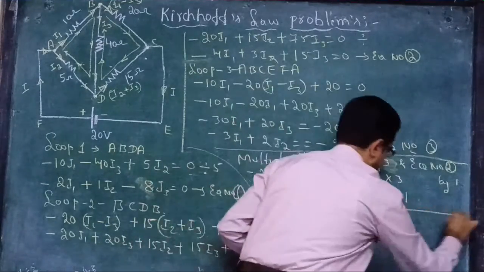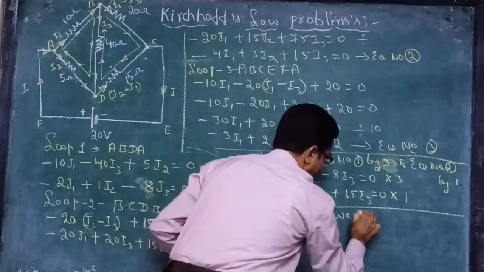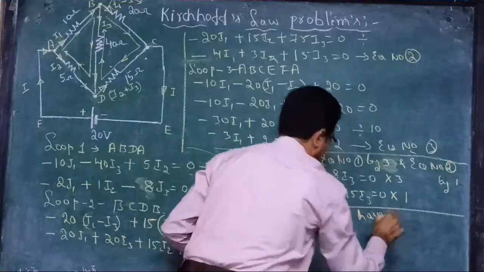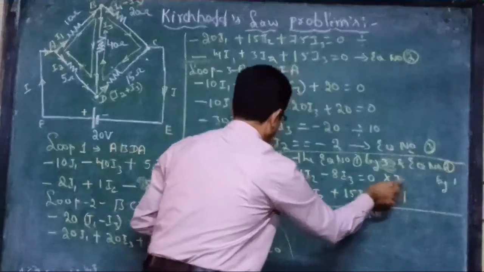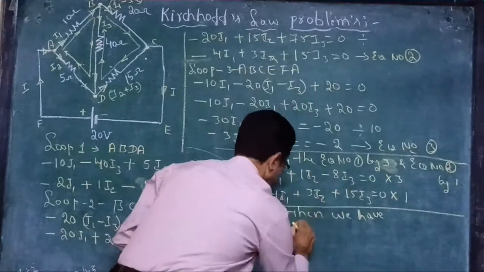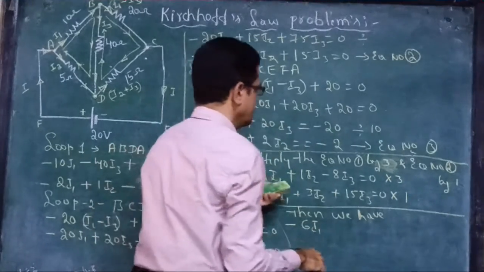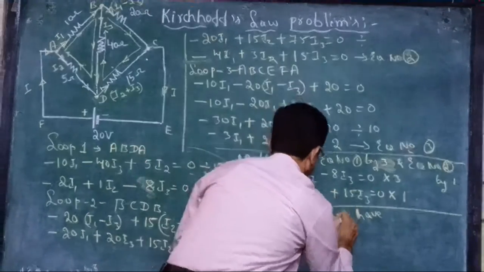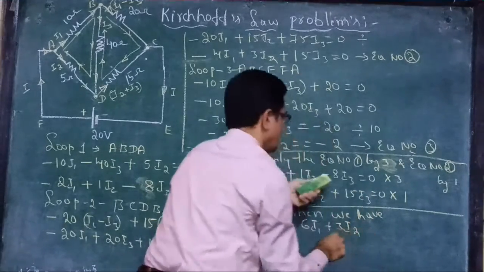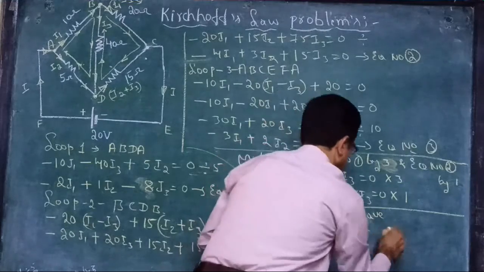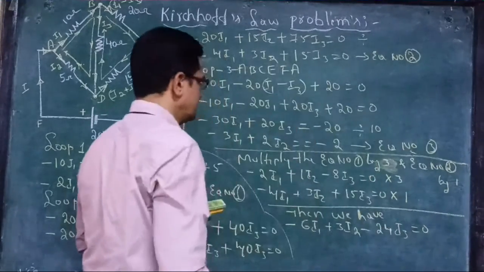So then we have here 3 into 2, 3 2s are 6, minus 6 I1, 3 into 1 plus 3 I2, minus 24 I3 is equal to 0.